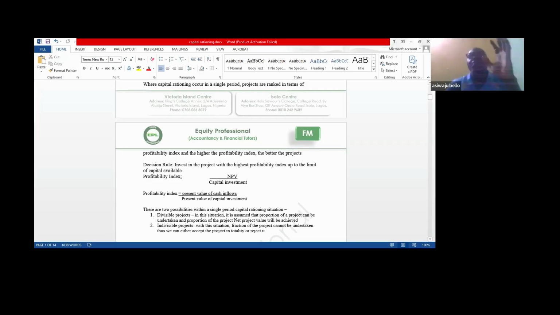For example, a project that costs 500 million, but I only have 250 million. I cannot take the whole 500. I can use my 250 million to do half of the project.